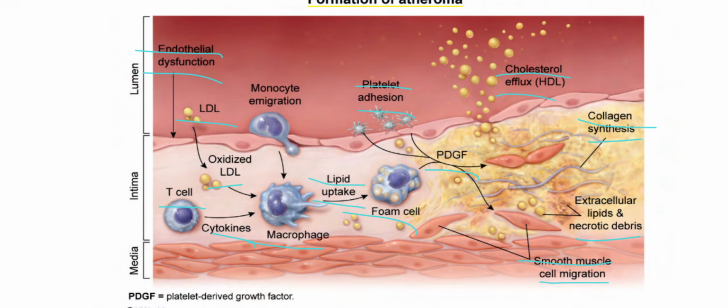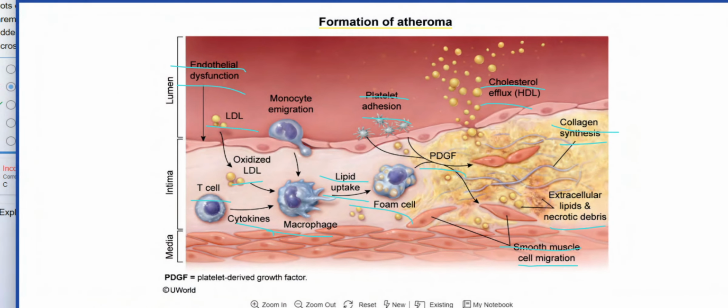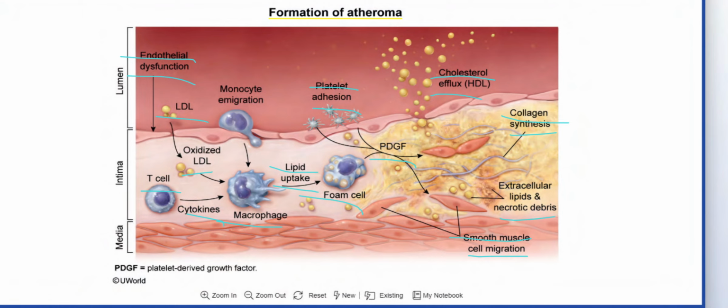That will go to the macrophages, and with that T cells will produce cytokines that will also activate macrophages, right? So whenever the monocytes come inside the vessel wall and mature, they will be converted into macrophages, and then they will take up lipid, right?